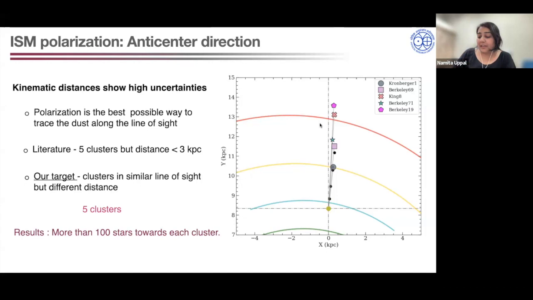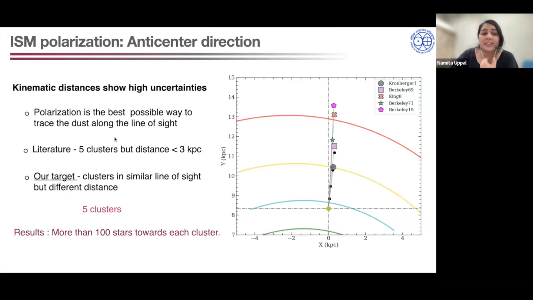So the distance estimated based on the radial direction will not give us the accurate distance of the dust clouds that are traced in the longer wavelength. So polarization is one of the best ways to find the distance of different dust clouds in this direction.